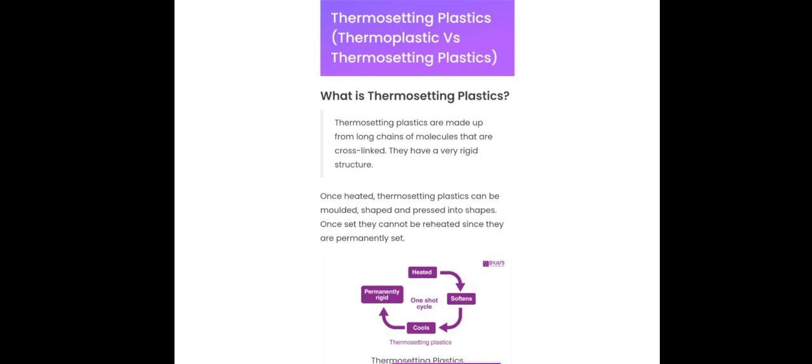Coming to the next important topic, the types of plastics. There are two types of plastics: thermoplastics and thermosetting plastics. Thermoplastics are the plastics which soften on initial heating and harden on final cooling.